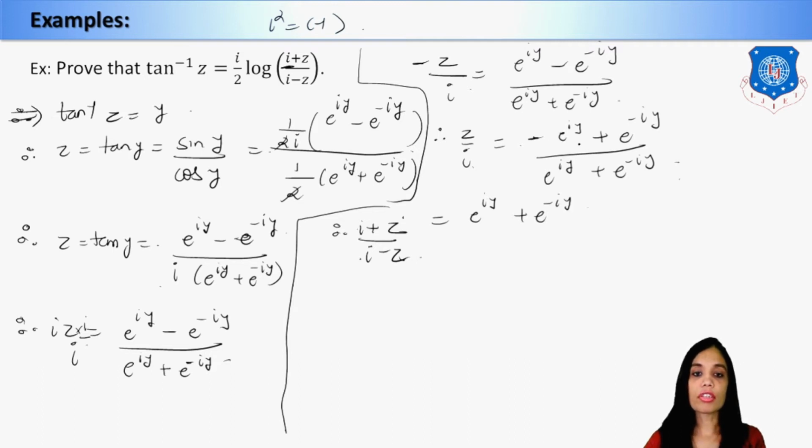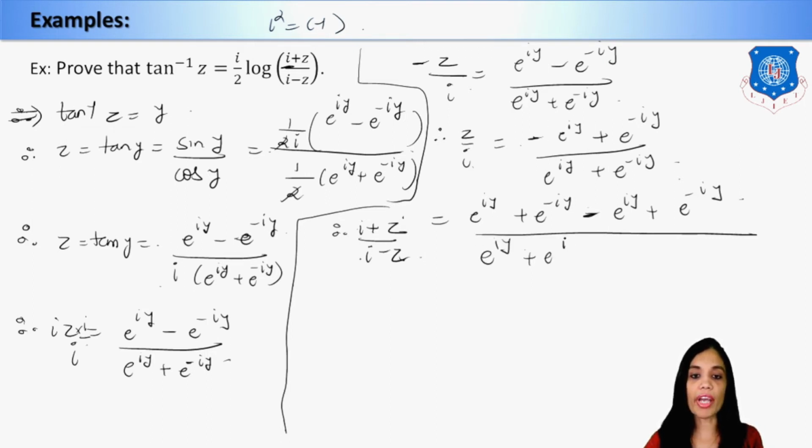Now write this numerator, so minus e^(iy) + e^(−iy) upon... now again same technique, so e^(iy) + e^(−iy). Now we have to do minus of this, so here it will become plus (e^(iy) − e^(−iy)).